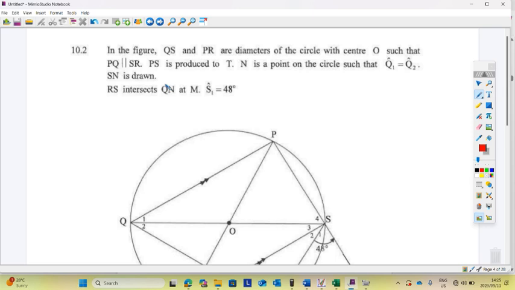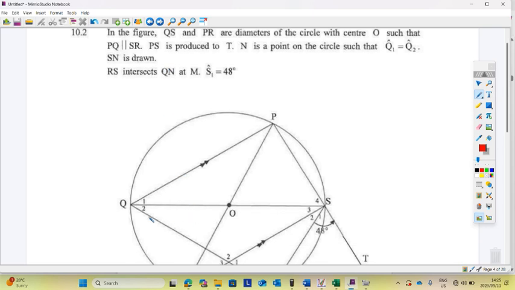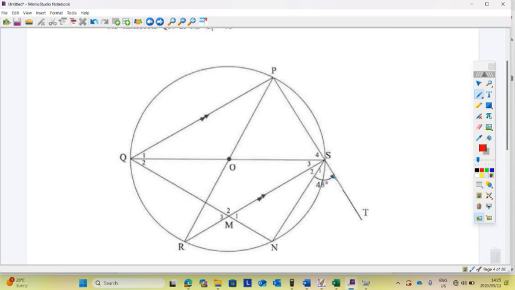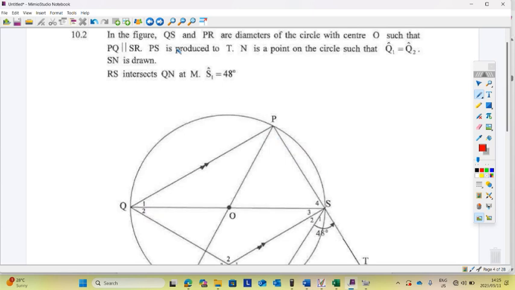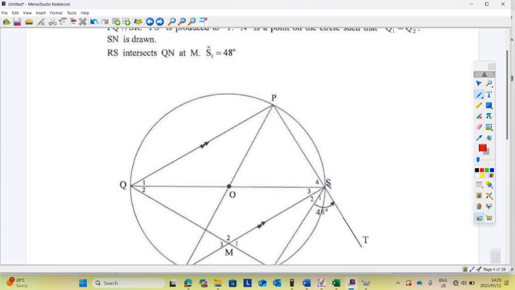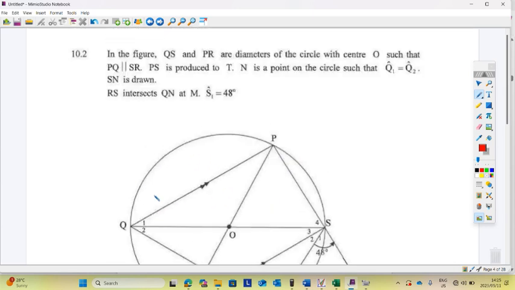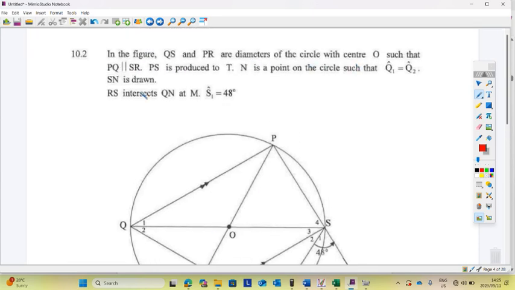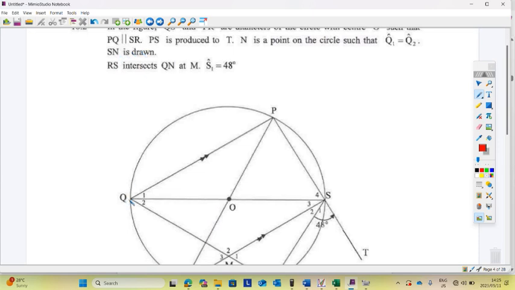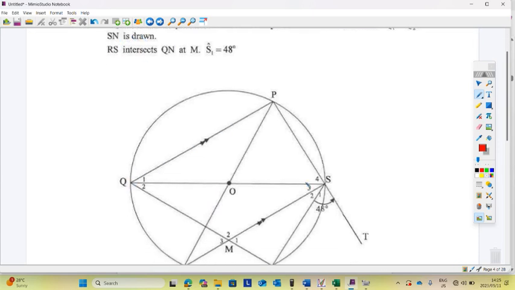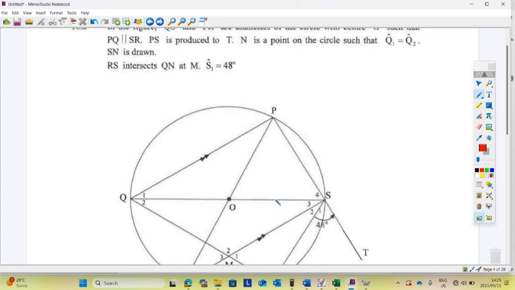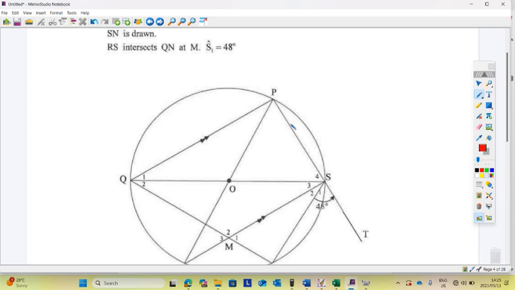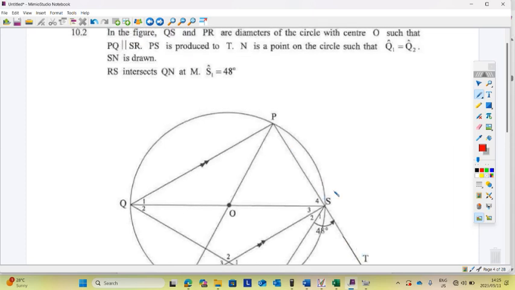In the figure, we have SQ and PR being diameters of the circle center O such that PQ is parallel to SR. PQ here is parallel to SR, and then PS is produced. This PS is produced to T.